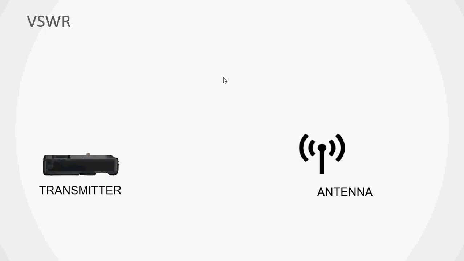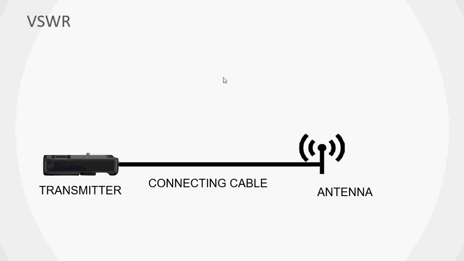So let's see what it actually means. This is a transmitter and antenna connected through a connecting cable. The impedance of the transmitter and connecting cable is 50 ohm, and the impedance between the connecting cable and antenna is 80 ohm. So there is an impedance mismatch. Here it is 50 ohm, here it is 80 ohm.